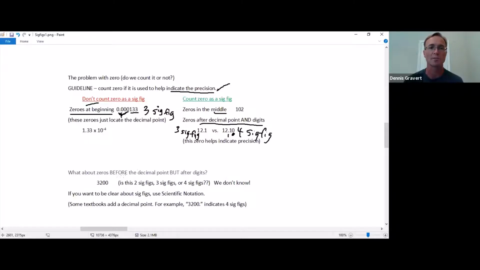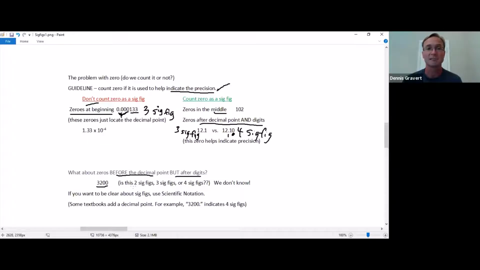What about a 0 that shows up before the decimal point, but it's after the digits, such as the number 3,200? These 2 zeros are showing up before the decimal point, and they're after numbers. Do we count them or not? Actually, I don't know.